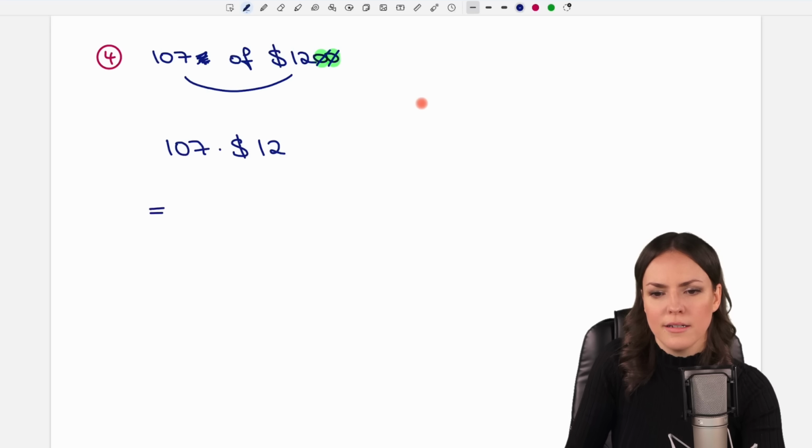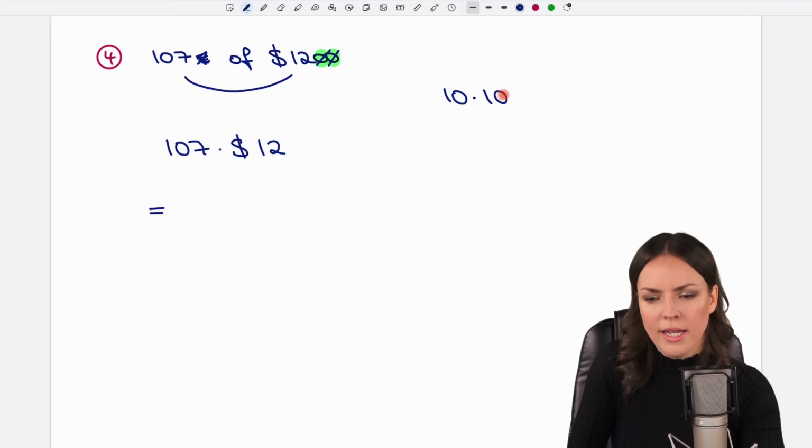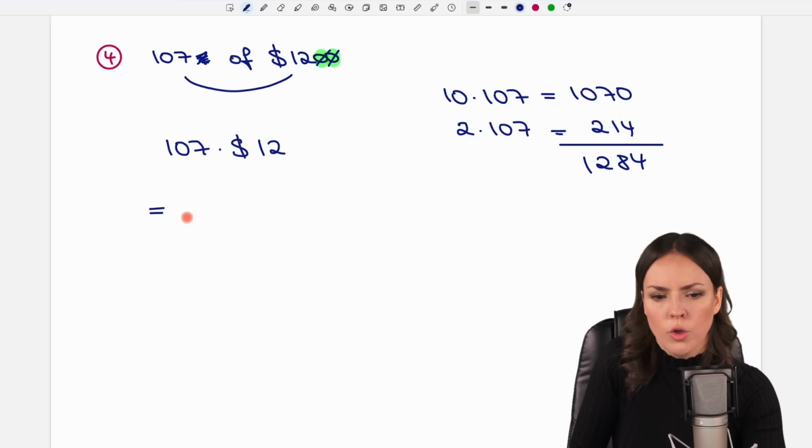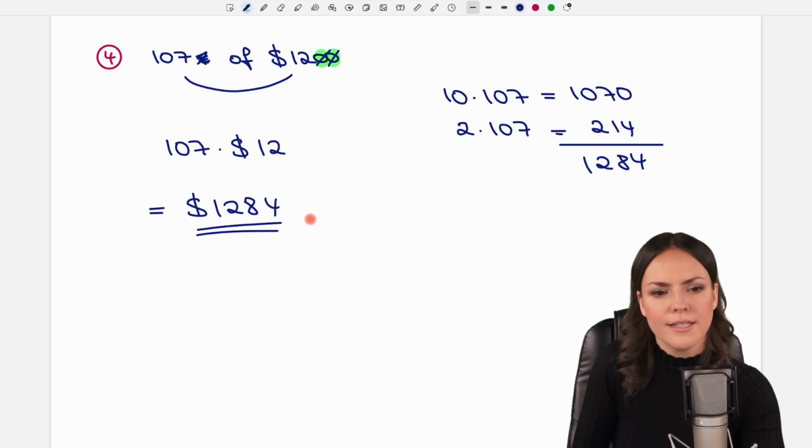We can do 10 times first, and then the rest, so 2 times the 107. 10 times means we add a 0 at the end, and 2 times this is 214. Now we just add these 2 numbers. We have a 4 here, an 8, a 2, and a 1. So this is our result of this example.